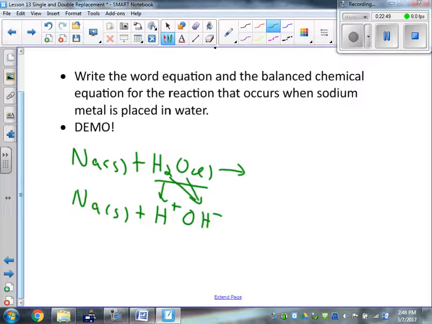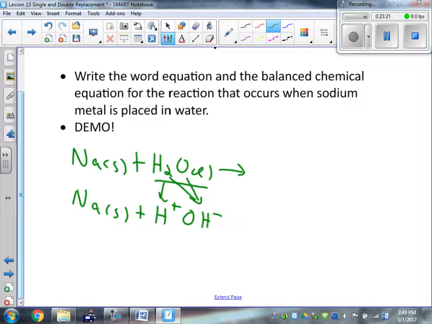So when you drink water, you're mostly drinking H2O, but in every drink of water, you are going to be drinking some H+. Luckily for you, you're drinking an equal amount of OH minus, in the same concentration, the same amount. So you have a little bit of acid and a little bit of base in there as well, and they neutralize each other out. That's called ionization of water, okay?